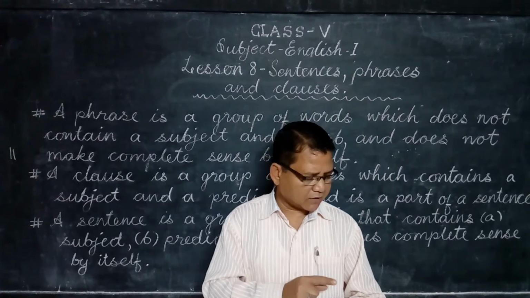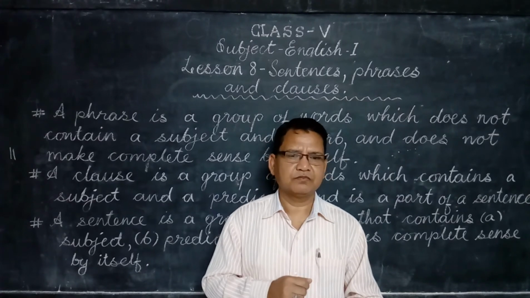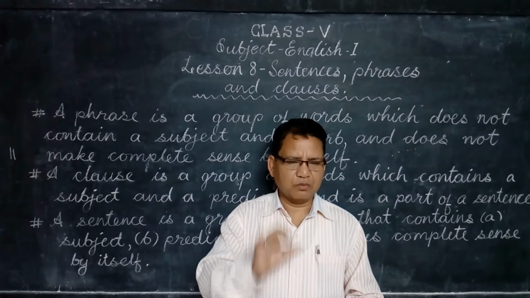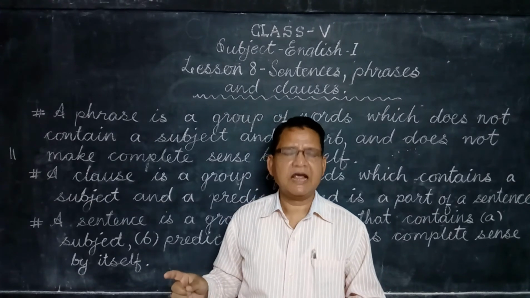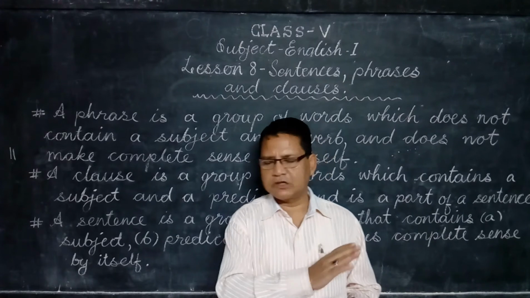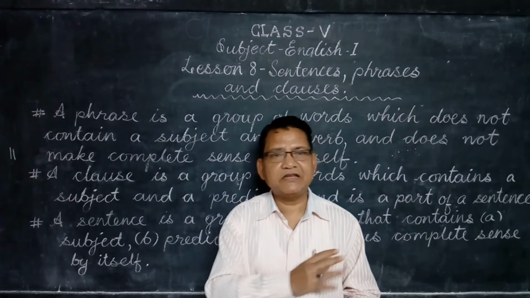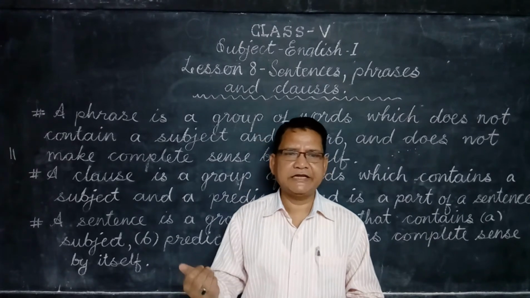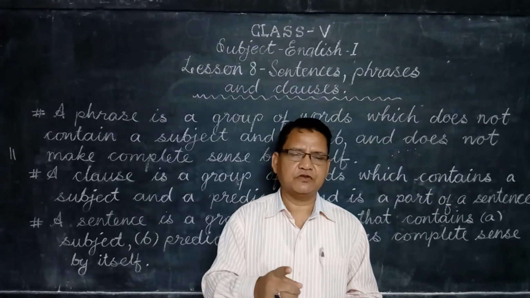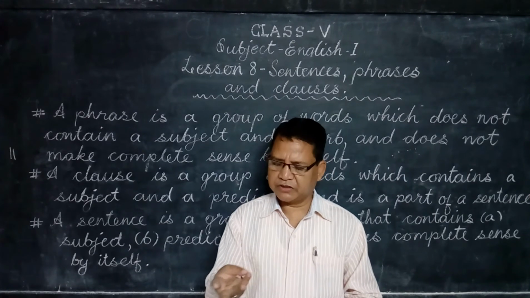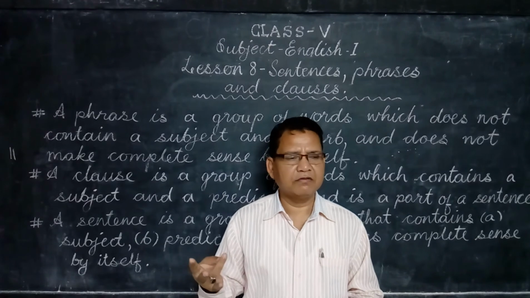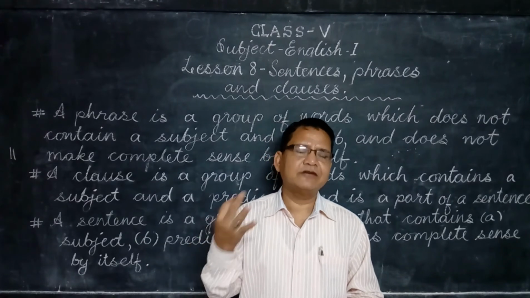So these are phrases. Okay, a group of words which does not have a subject and a verb and which does not give you complete sense, complete idea, is called a phrase. A phrase is a group of words which has no subject, no verb and does not make complete sense.